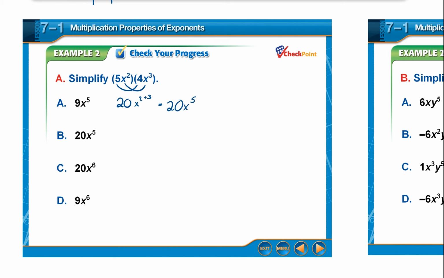So notice I multiplied my numbers. I multiplied the common terms, the like terms together. 5 times 4 gave me 20. x squared times x cubed, which is x to the 5th. And it looks like b is our answer. So as far as exponents go, multiplication turns to addition.